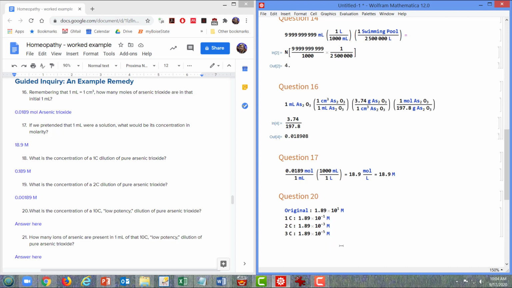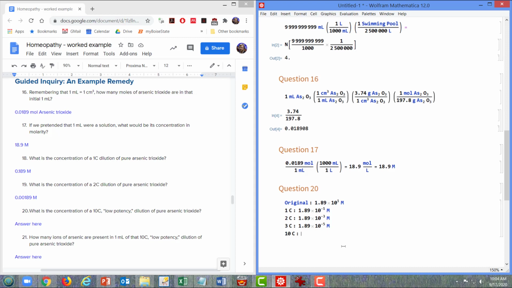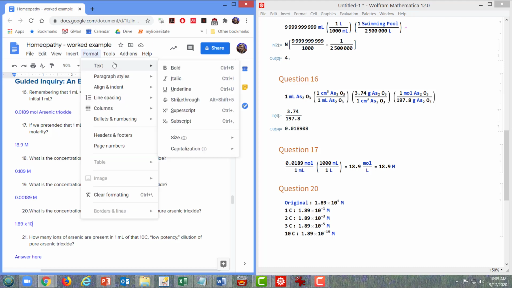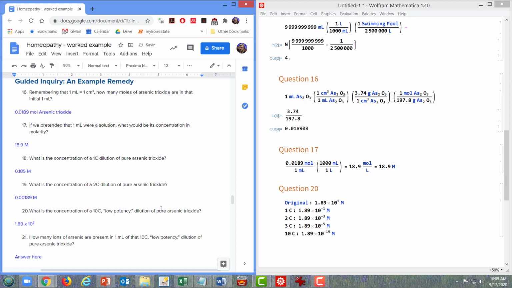So we should be able to project forward to 10C is 1.89 times 10 to the negative, let's see, 4 is 7, 9, 11, 13, 15, 17, 19. 10 to the negative 19 molar. 1.89 times 10 to the negative 19. Here we go. That's how we do superscript.